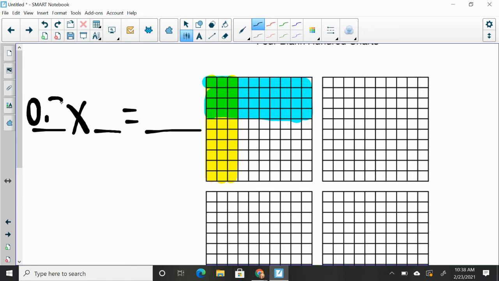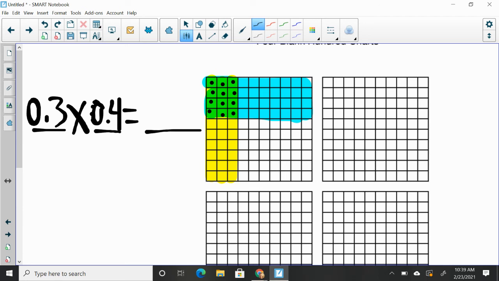And then what was represented by the teal highlight? 5/10. Try again. 4/10. So 3/10 times 4/10 equals, my answer is in green. 12 hundredths.